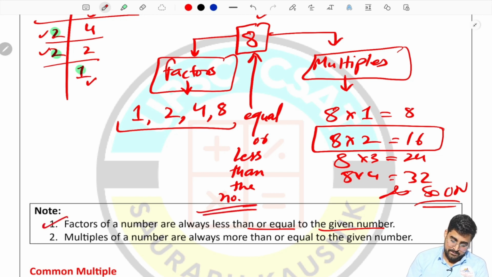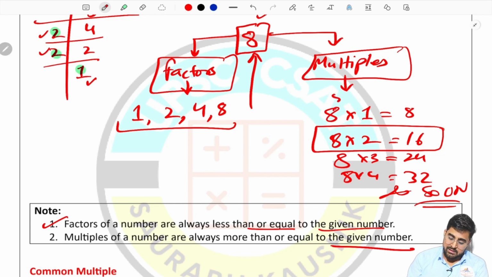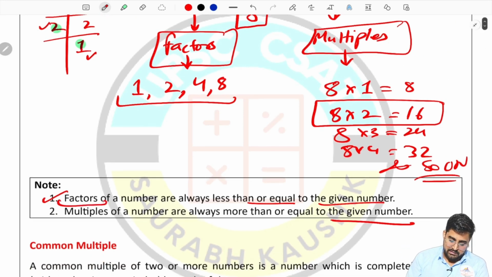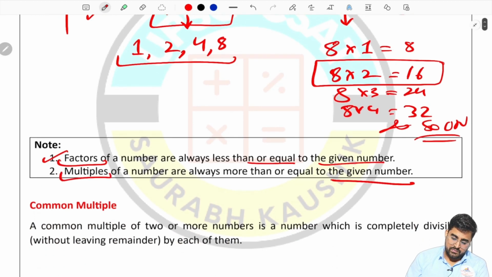Multiples of a number are always more than or equal to the given number. If you put something below 8, it becomes a factor, because it goes below the 8. I hope you understand the basic concept of factors and multiples. Now move ahead.